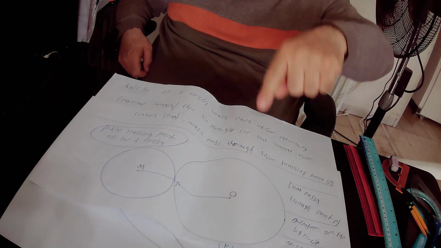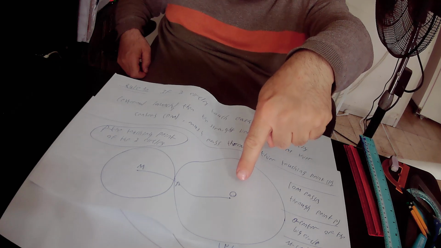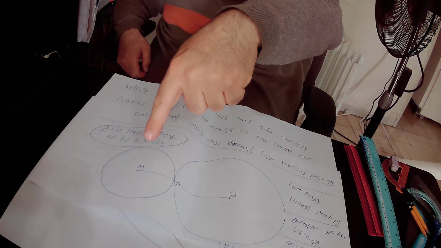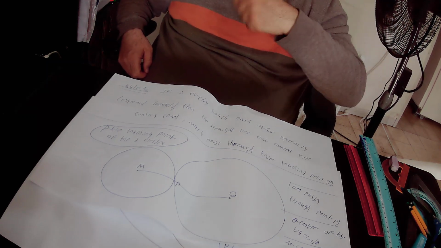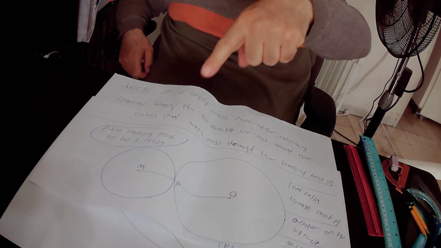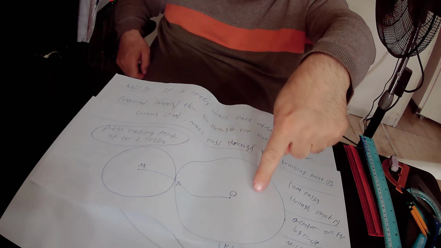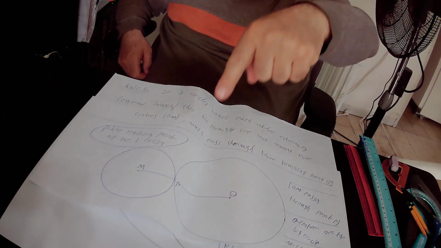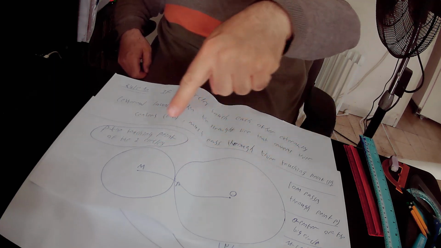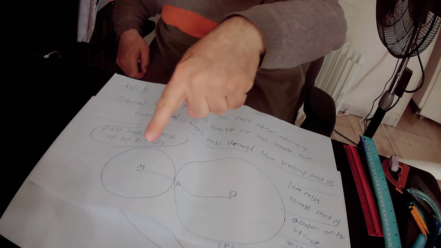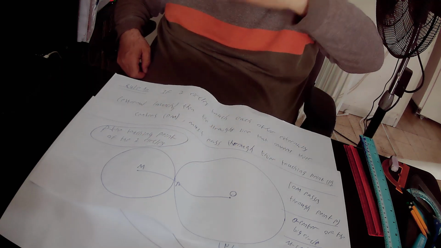The center of this big circle is at point O, and the center of this small circle is at point M. According to rule 10, the straight line that connects their centers, MO, must pass through their touching point P. So MPO is one straight line.